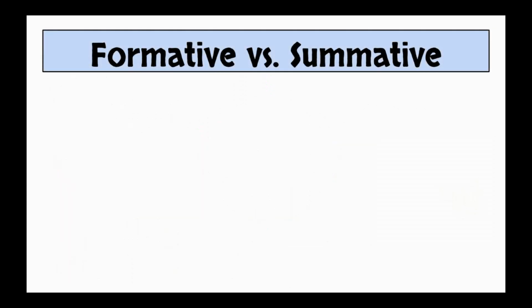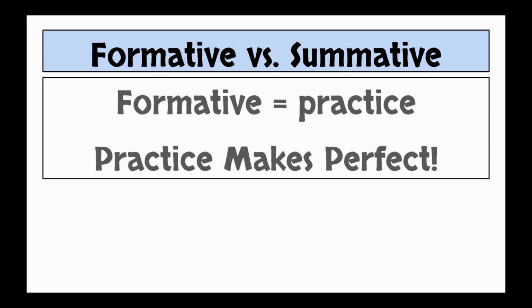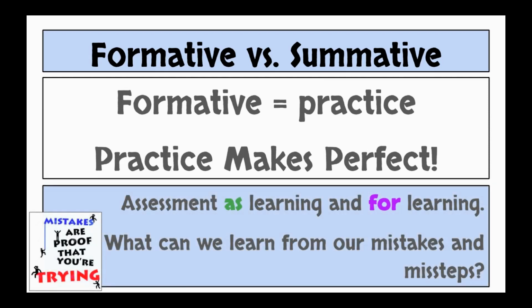So it's important to know the difference between formative versus summative assessments. Formative equals practice. Practice makes perfect. We tell musicians this. We tell athletes this. This is the same for learning any subject, any content area, any skill. So when we think of formative assessments, we want to think of them as assessment as learning and for learning. You're trying to learn from your mistakes and your missteps.